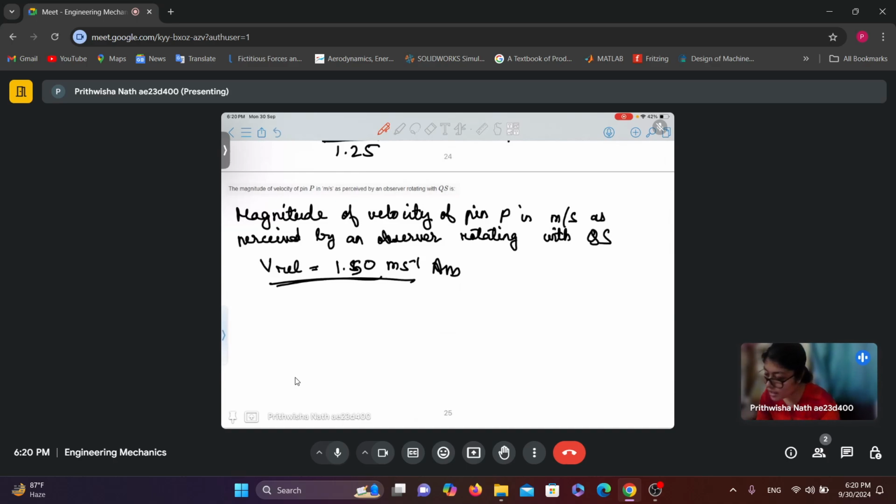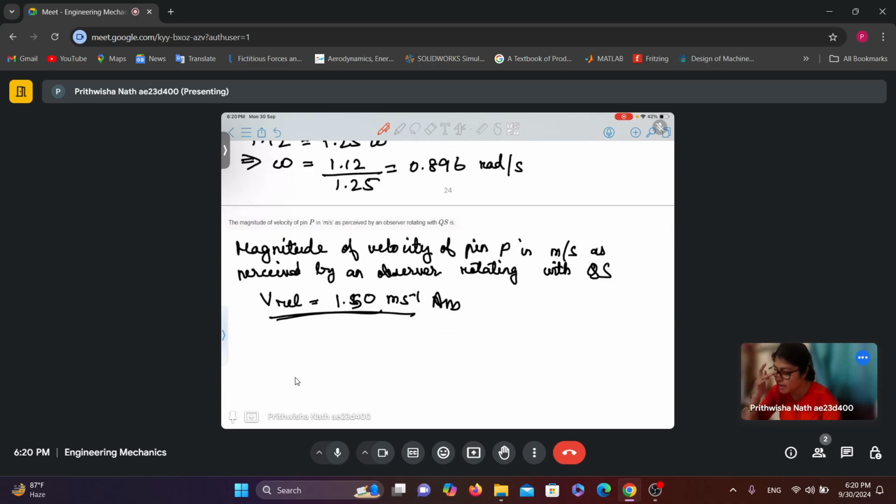So this is what they have asked, the magnitude of velocity as perceived by observer rotating with QS, which is nothing but the V relative.